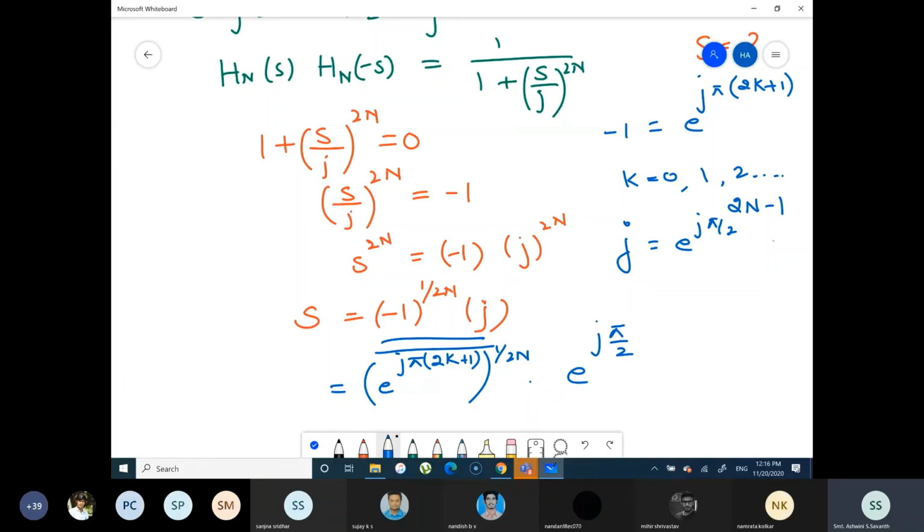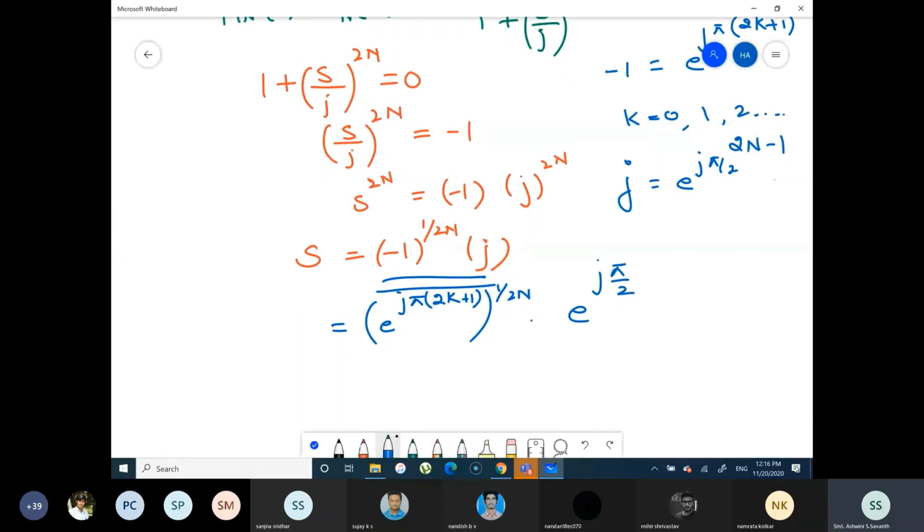Now we can combine both the exponentials. If you combine that, e to the power j, the whole thing, of pi into (2k plus 1) divided by 2n plus pi by 2.